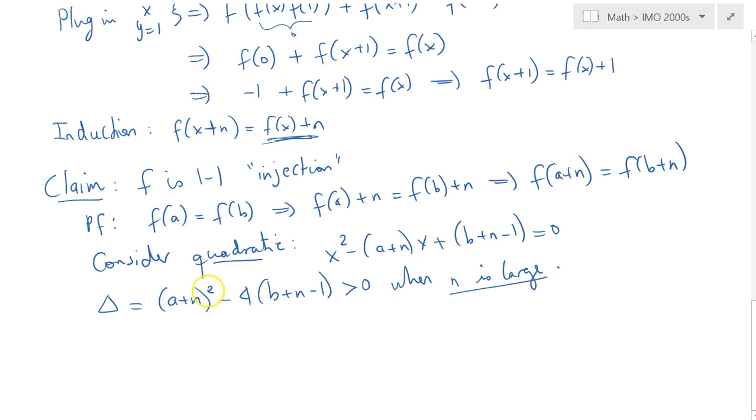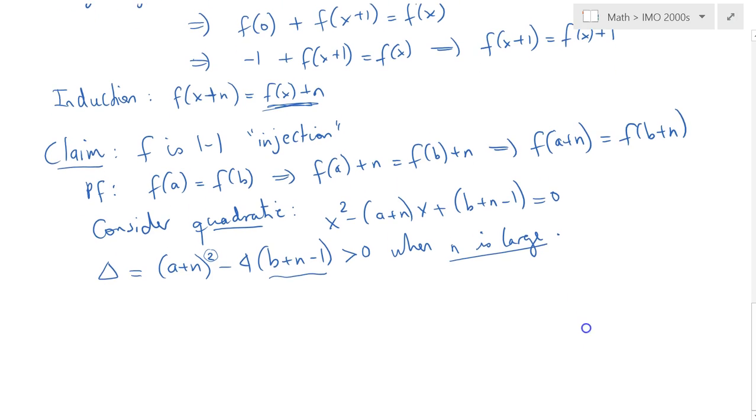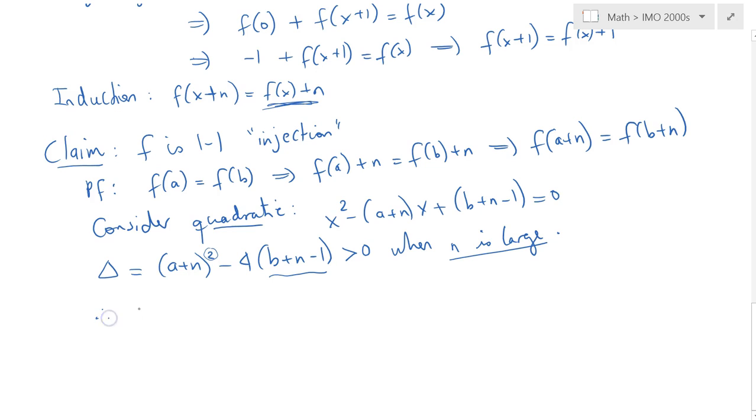Because the quadratic would grow faster than a linear function. So there exist real numbers r and s, which are the roots of this quadratic.